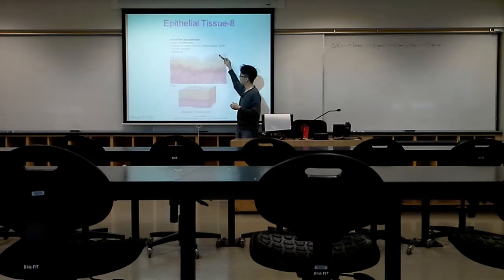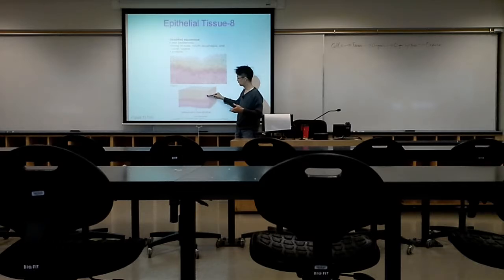Why is that? It has multiple layers, so it is easy for replacement. For example, the outer layer of the cells can be easily eroded or removed. After the outer layer is removed, the bottom layer from the basement membrane will keep on growing new cells because it has some stem cells here.